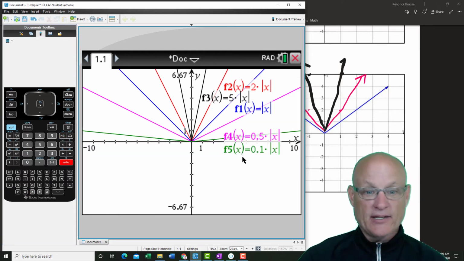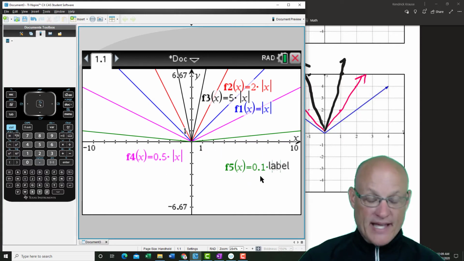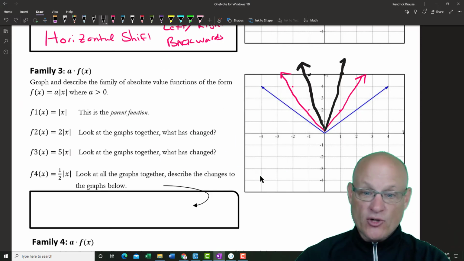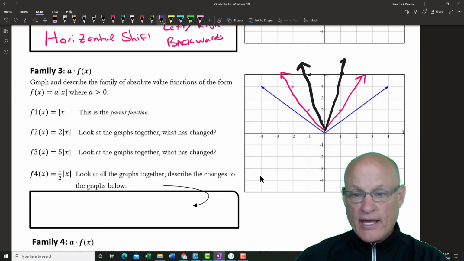Look how wide that gets, right? So if you put a fraction in front, 1/2 or 1/10, it gets wider. So that would look something more like, let's do purple, 1/2. But the vertex doesn't move.